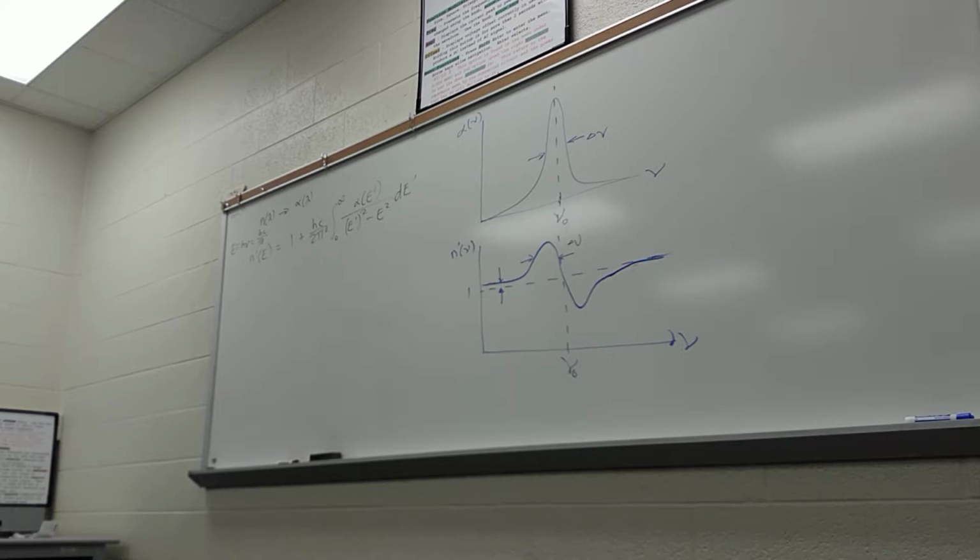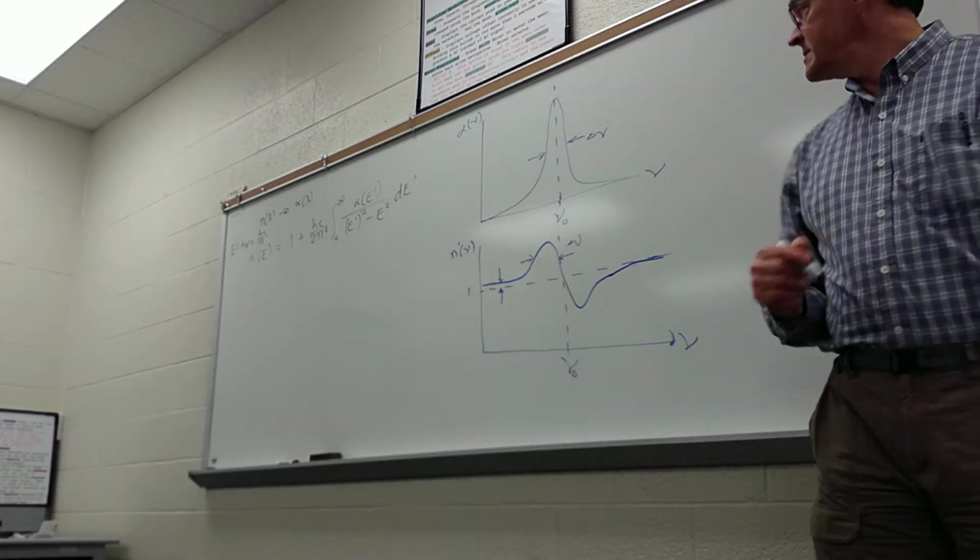Basically we'll see something that looks like this. This is kind of broad because that's kind of broad, and then we have this offset.